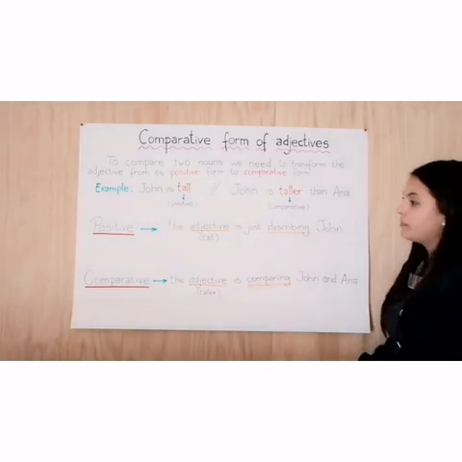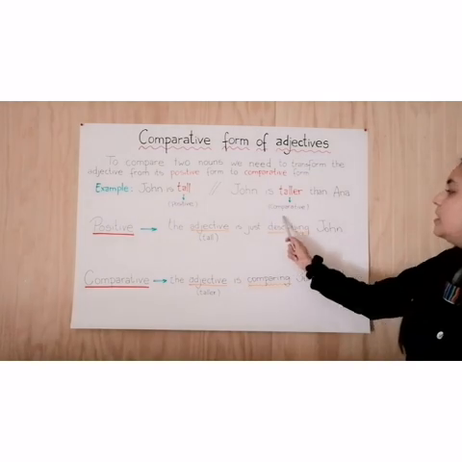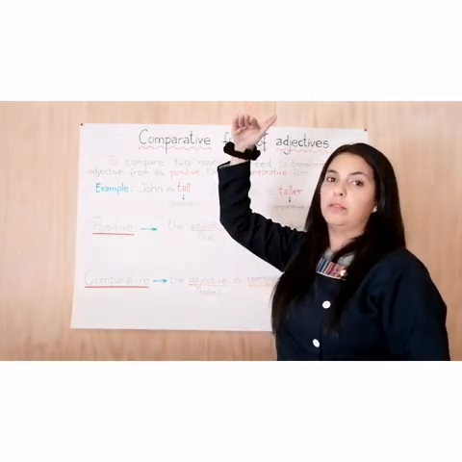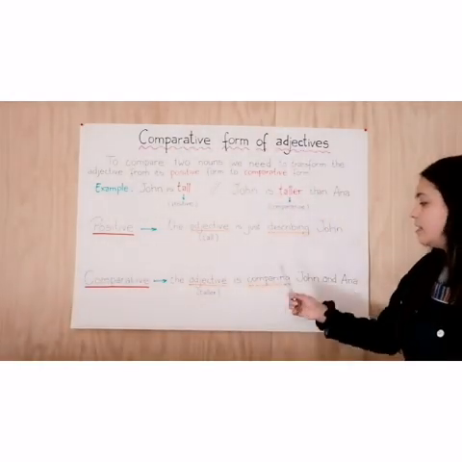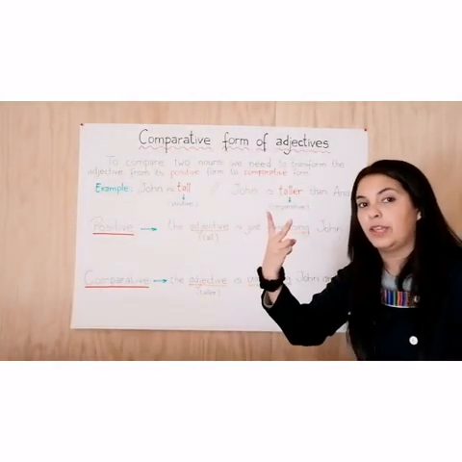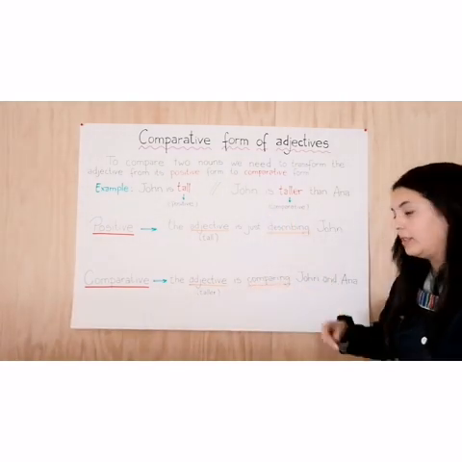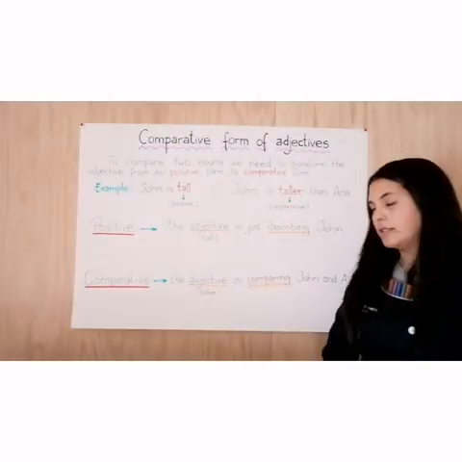So, in the positive, the adjective is just describing. Someone is tall. In the comparative, the adjective is comparing two things. John and Anna, two people in this case. Taller.